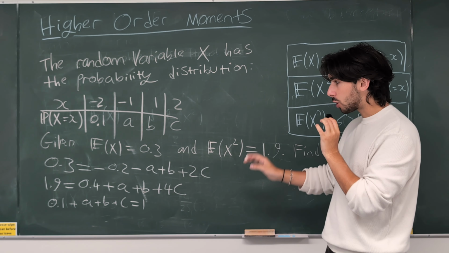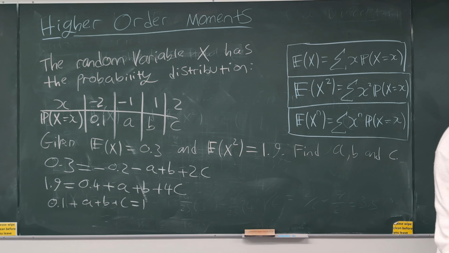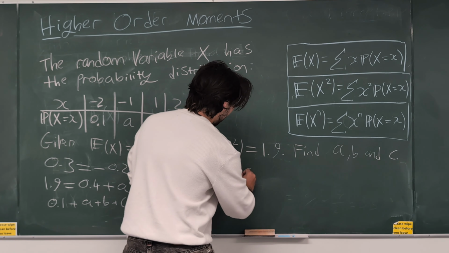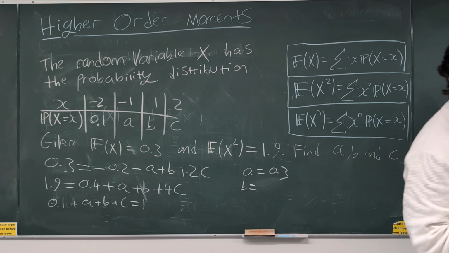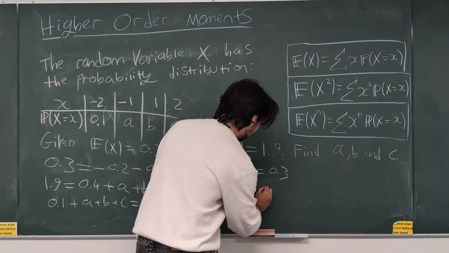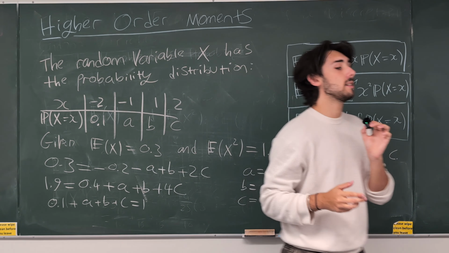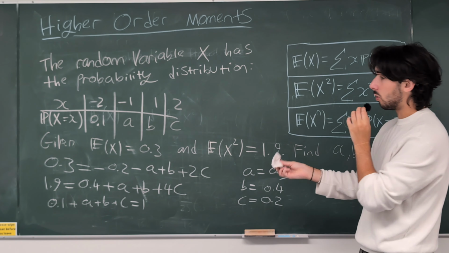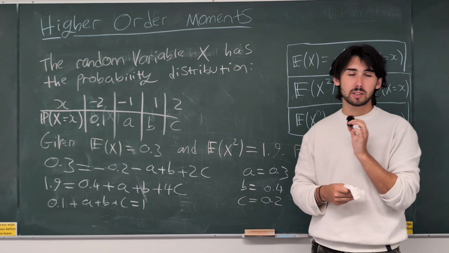If you solve these simultaneous equations, you should get a is 0.3, b is 0.4, and c is 0.2. So it's just a case of solving a triple simultaneous equation. You can use elimination, substitution, or a bit of both to do that, and you should get these answers. Otherwise, the video would take another 5-10 minutes because it's a little bit long.